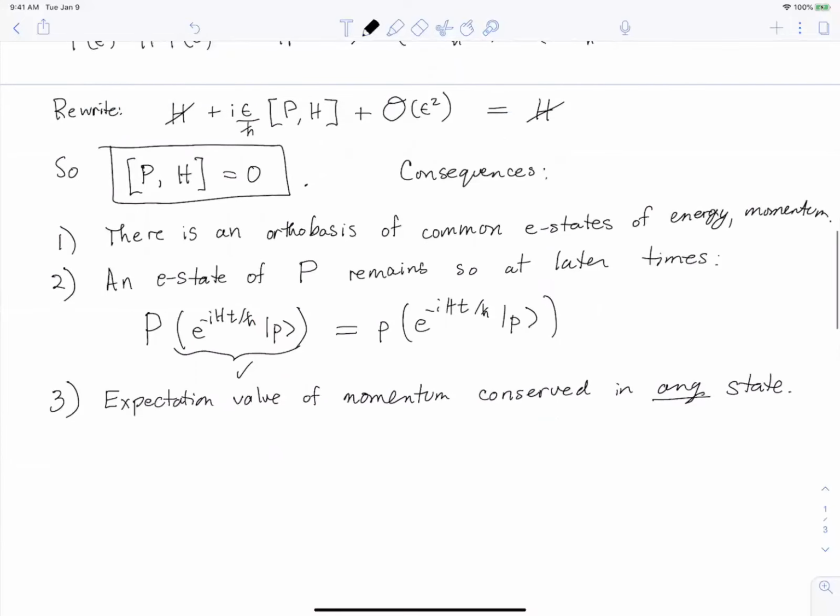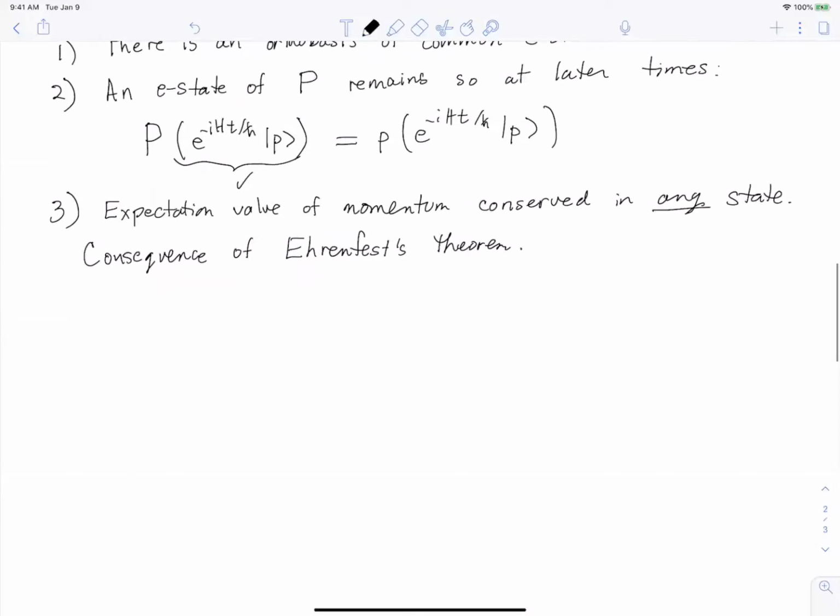Okay, and this is actually a consequence of something more general that we're going to talk about now. So this is a consequence of what's called Ehrenfest's theorem. Okay, so this is going to be a little aside for Ehrenfest's theorem.